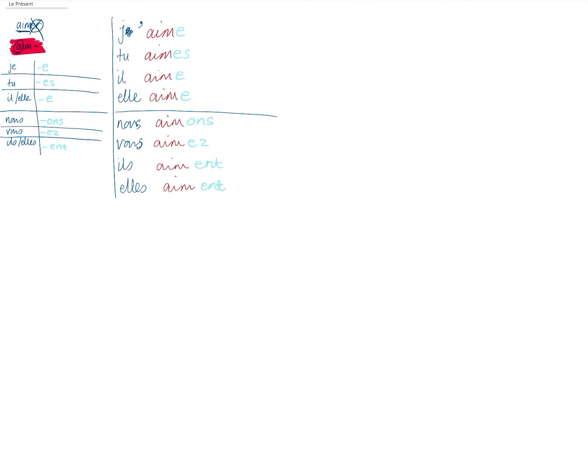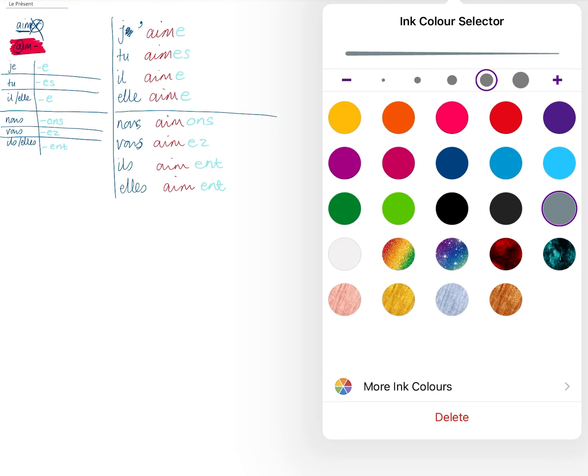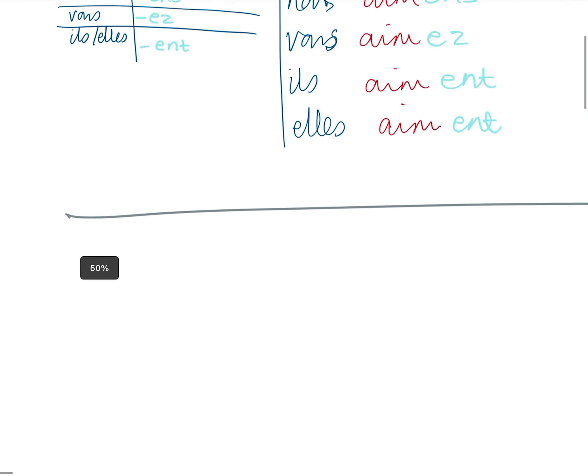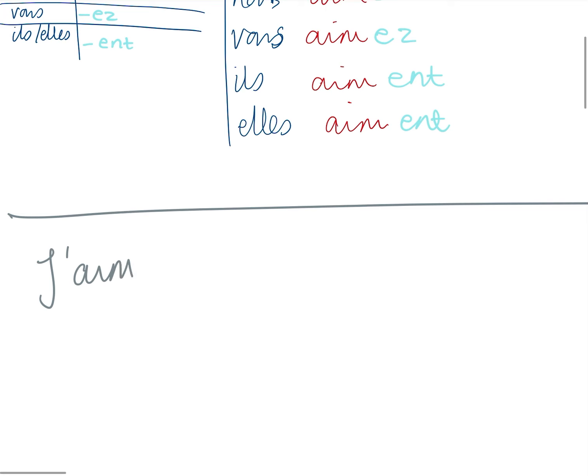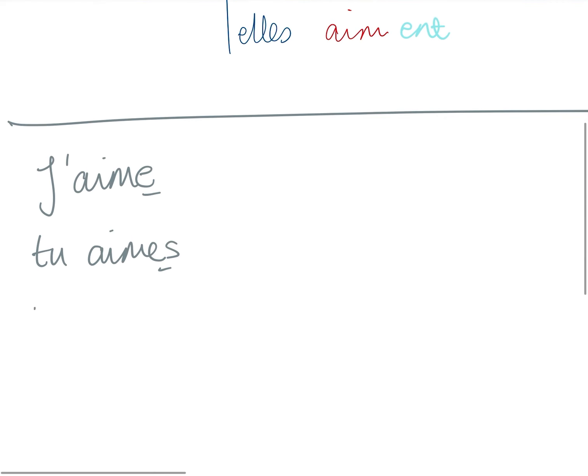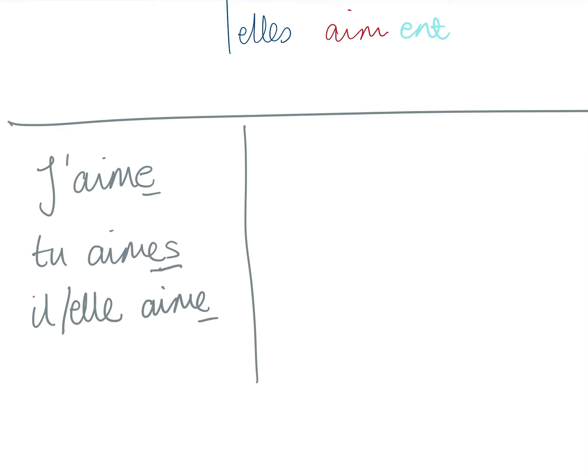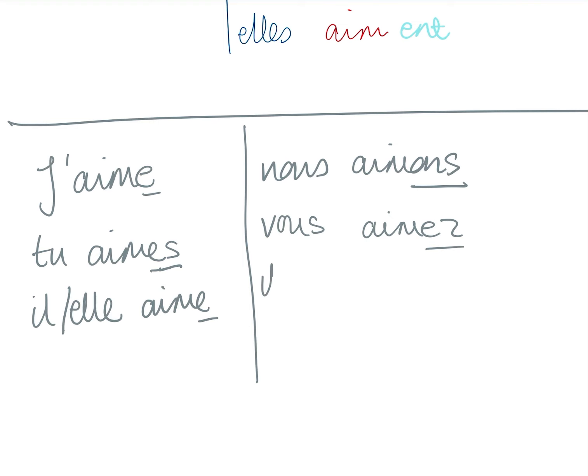So this means that our final verbs end up as j'aime, tu aimes, il ou elle aime, nous aimons, vous aimez, il ou elle aime.